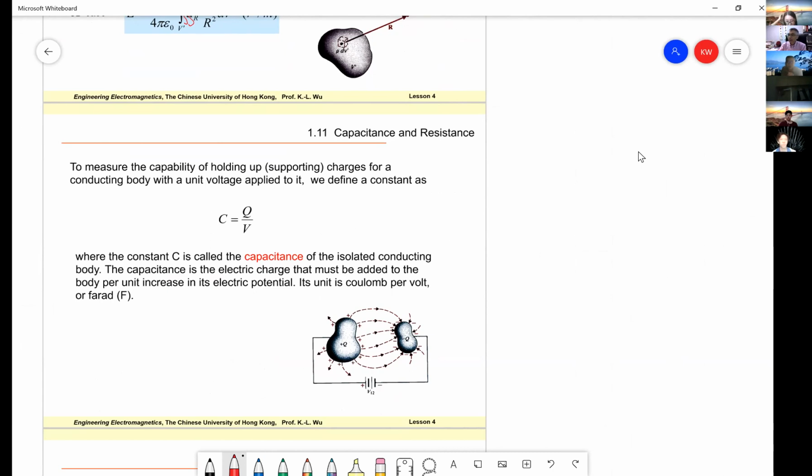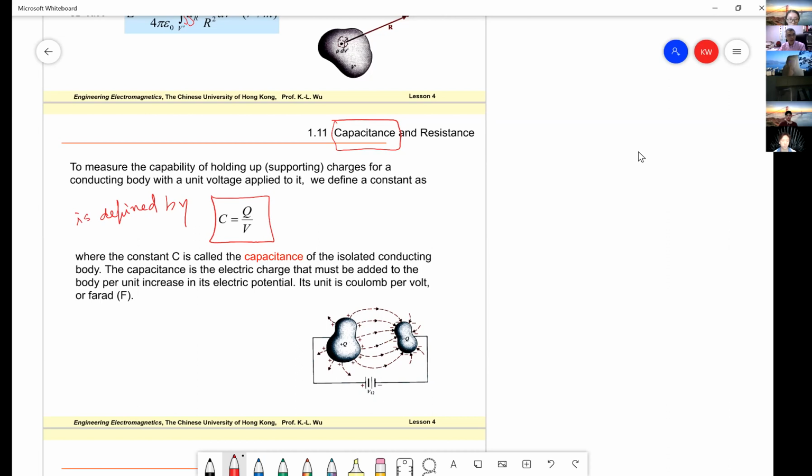Okay, the capacitance is defined by this. This is the definition.